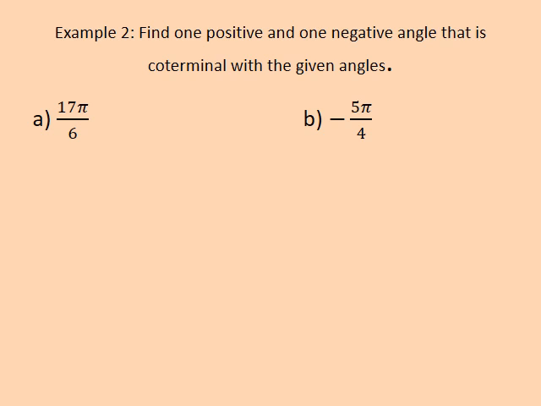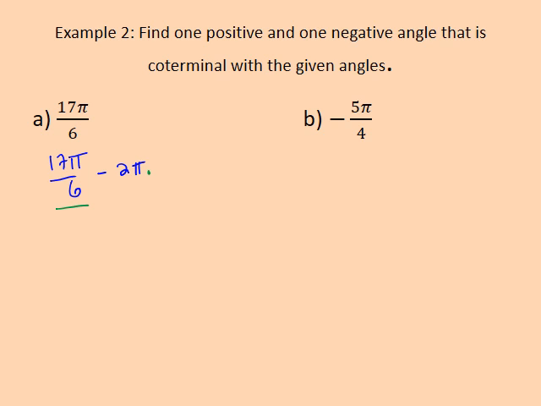To find positive and negative coterminal angles in radians, you want to add or subtract 2 pi. So if I have 17 pi over 6 and I want to find a coterminal angle, I'm going to subtract 2 pi. Now if you're going to subtract 2 pi, you need to have the same common denominator you started with.